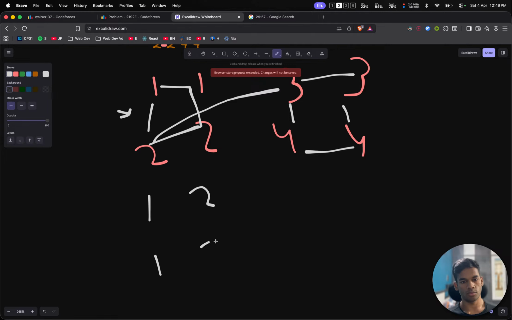1 2 1 2, 3 4 4 3, and the connections would be like this one.